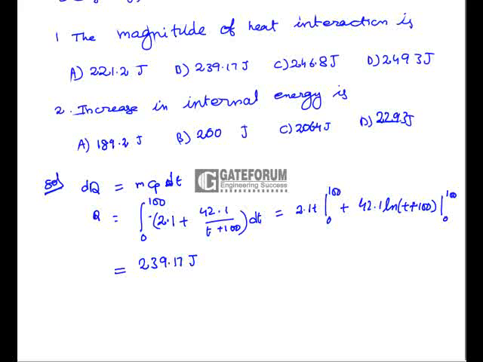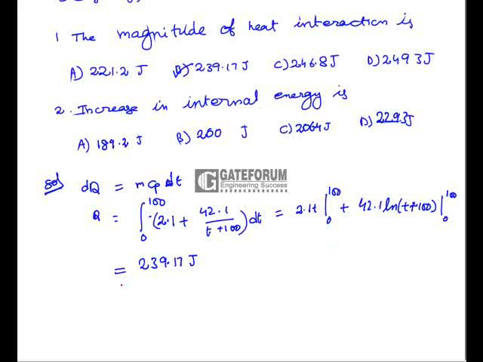So the heat interaction of the system is 239.17, and here he asked about just the magnitude of heat interaction, but it doesn't mean whether it is for heat rejection or heat addition.